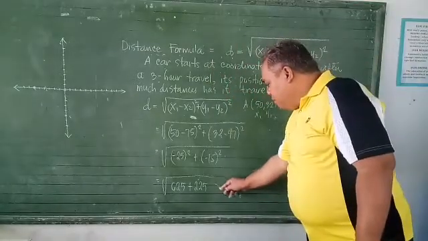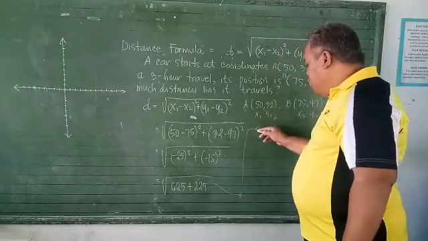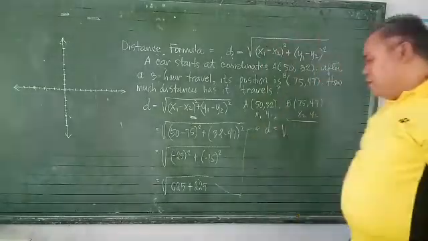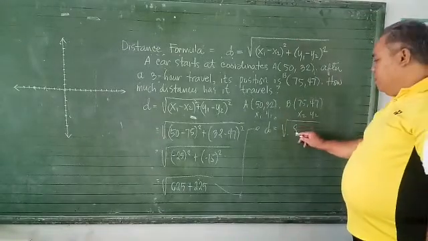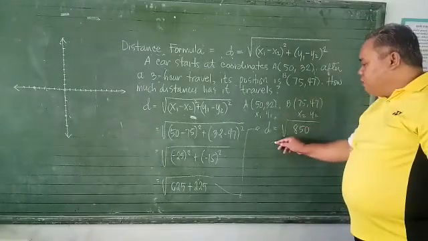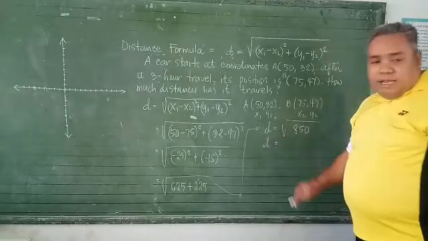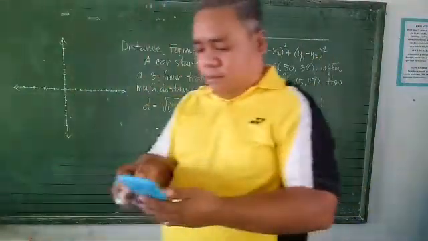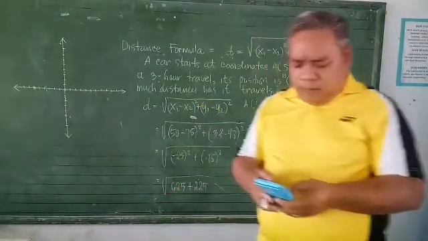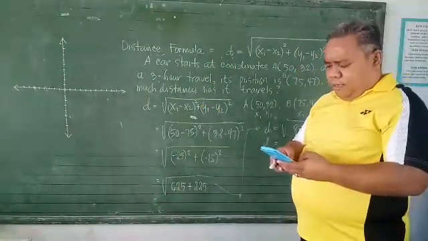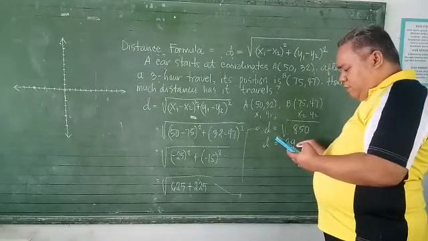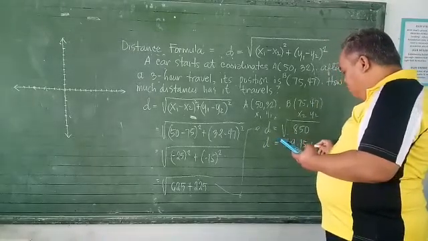Adding these two quantities, we have 850. Now, finding the square root of 850 gives us 29.15 units.